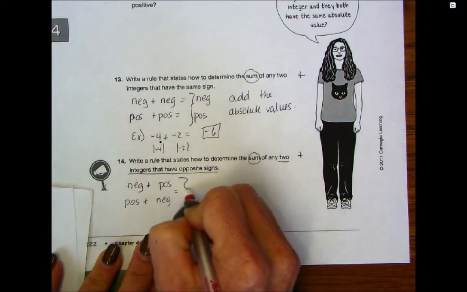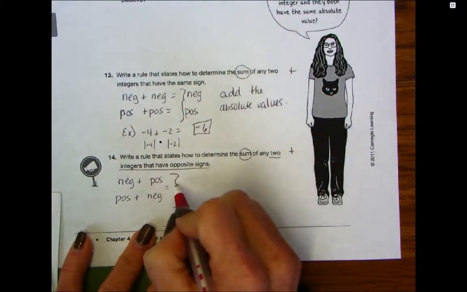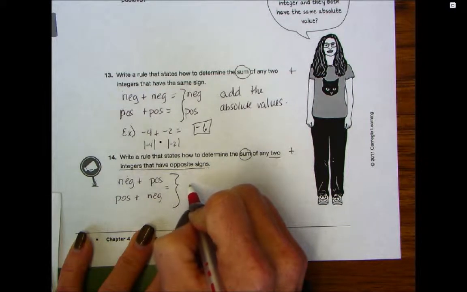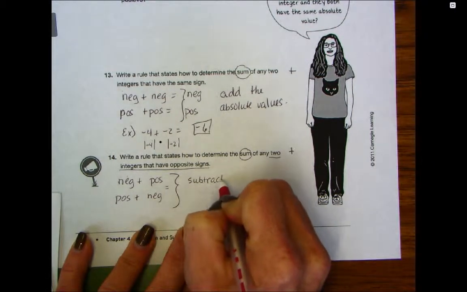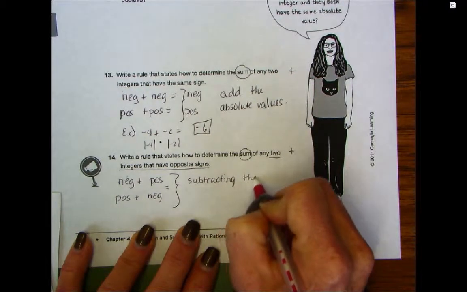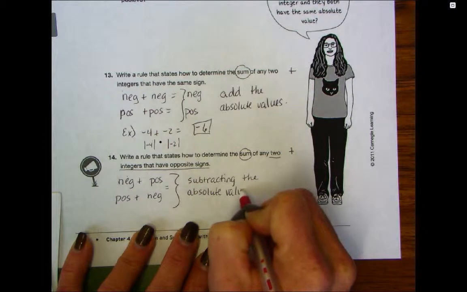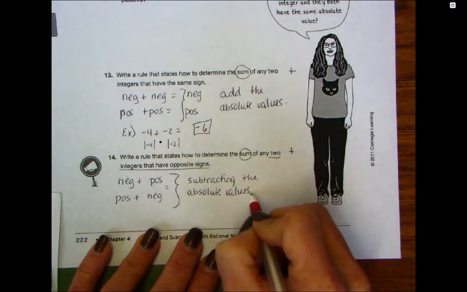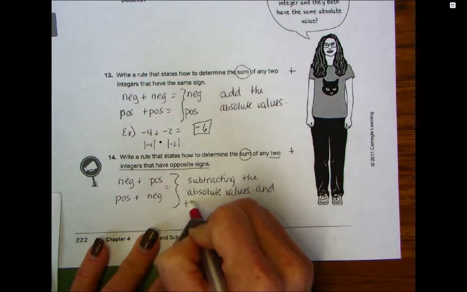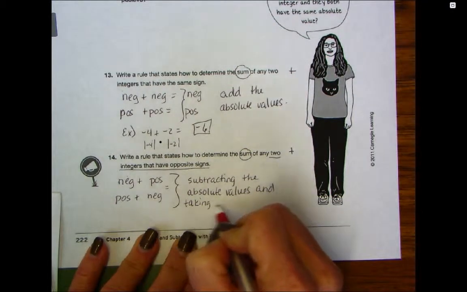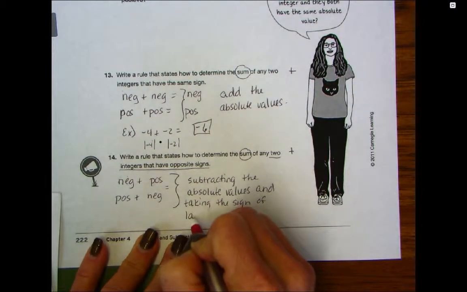So hopefully what we discovered here is that what I'm really doing to get the number portion is I'm subtracting the absolute values. And then I'm taking the sign of the larger absolute value.